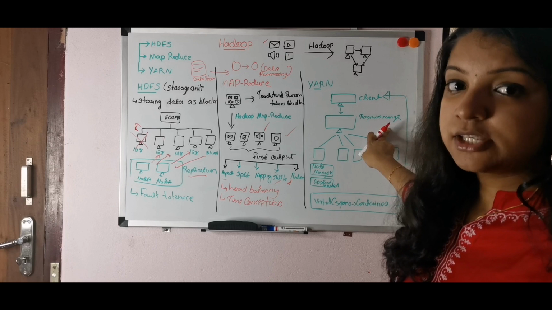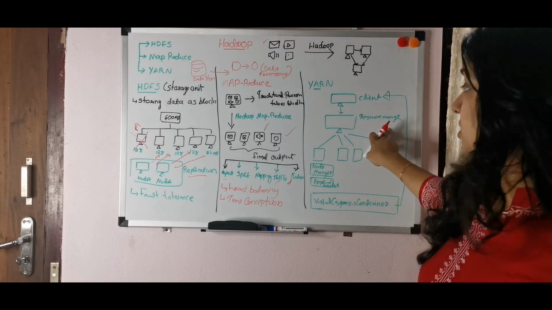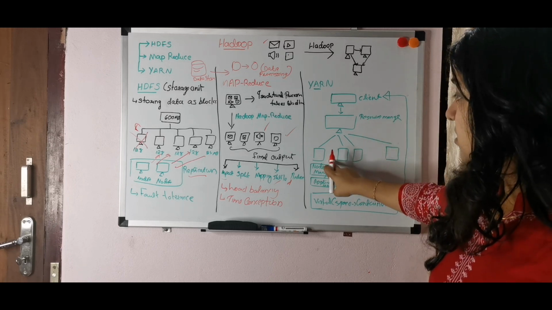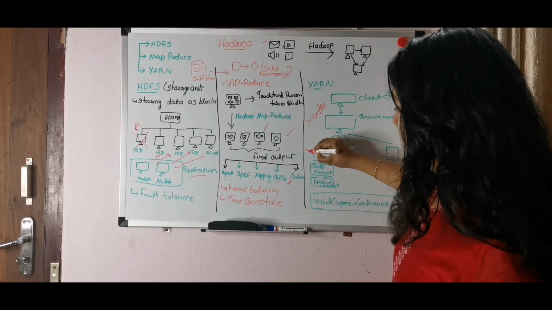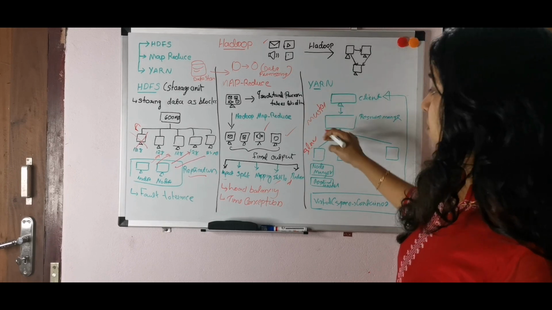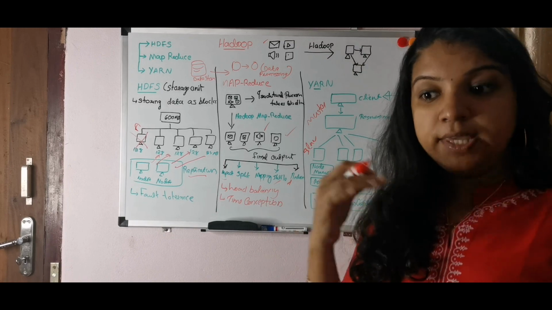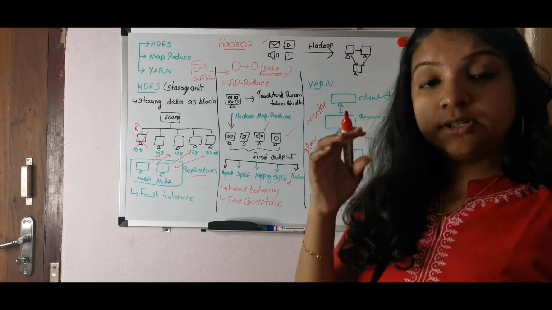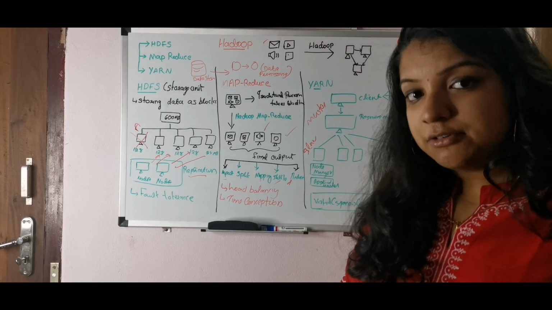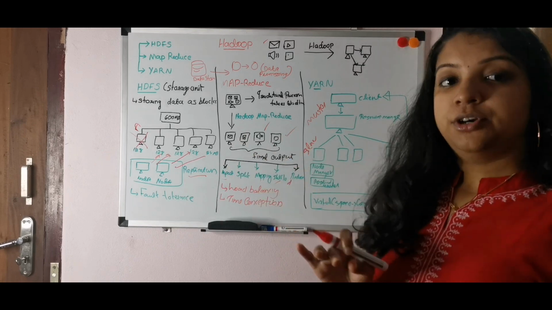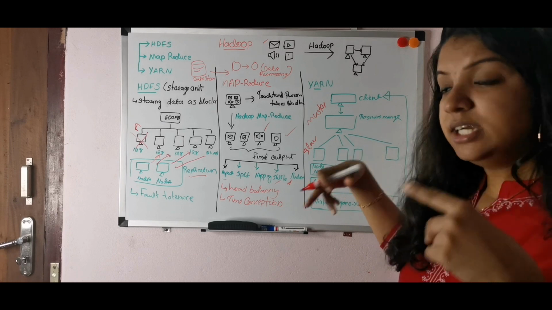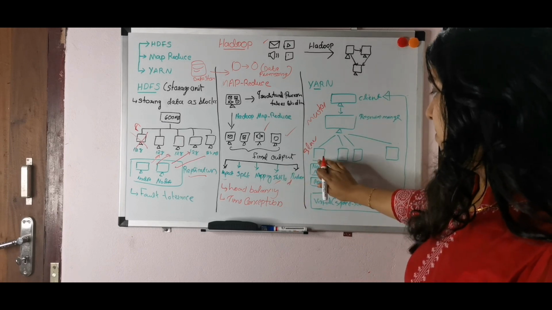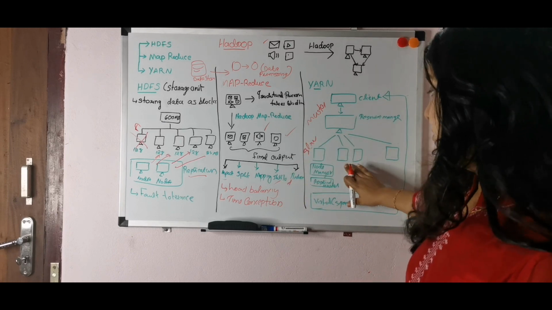This resource manager allocates the resources. This is the master, these are the slaves. One master can be connected with 3000 to 4000 slave nodes. Then the master resource manager allocates the job to a particular slave: slave 1, slave 2, slave 3.